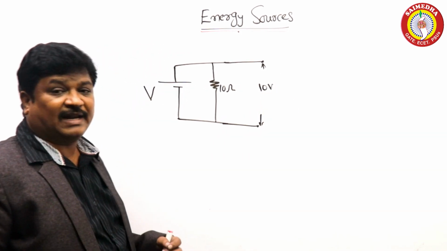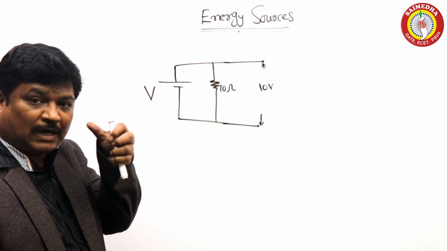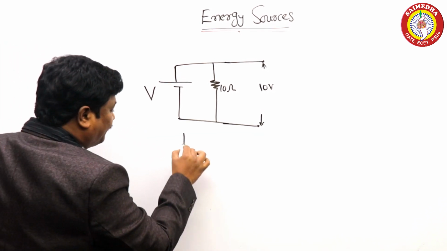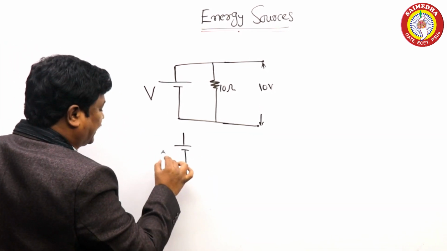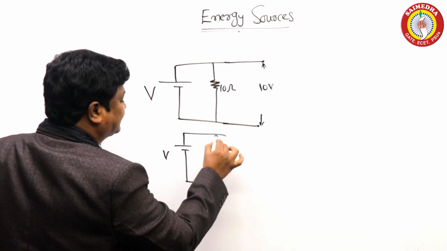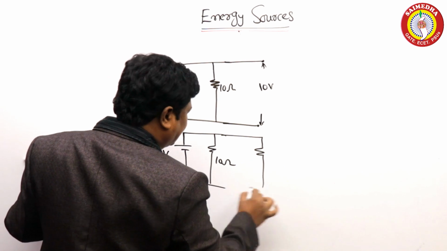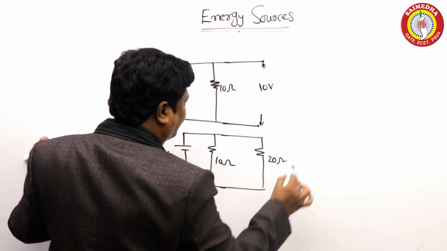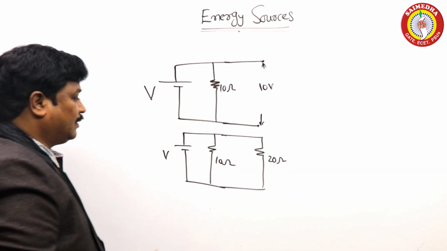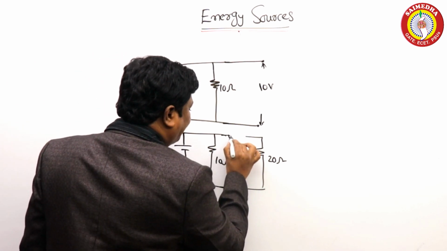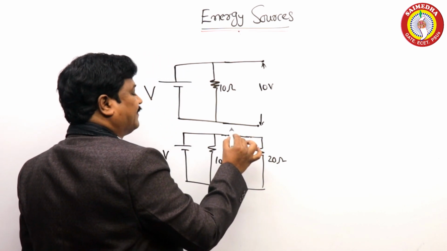Sir, how will the question arise? For example, if an ideal voltage source is here, it has some resistance of 10 ohms here, and it is also having some resistance of 20 ohms here, and also some resistance of 30 ohms.